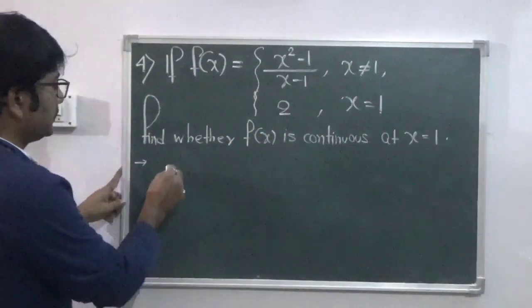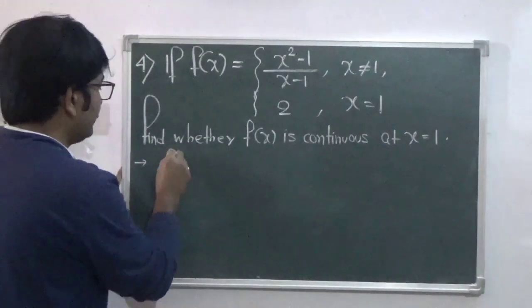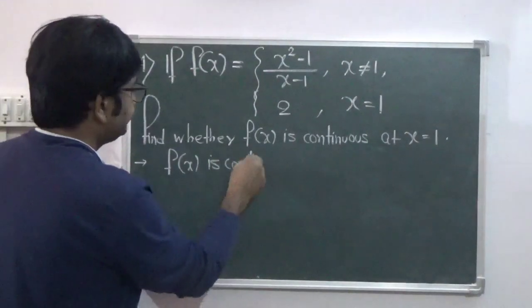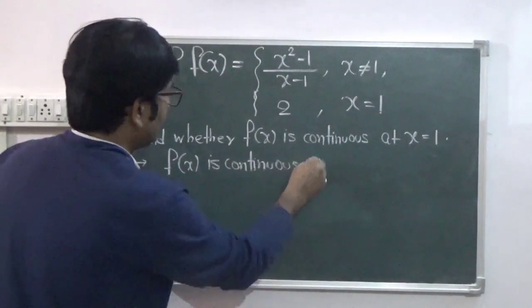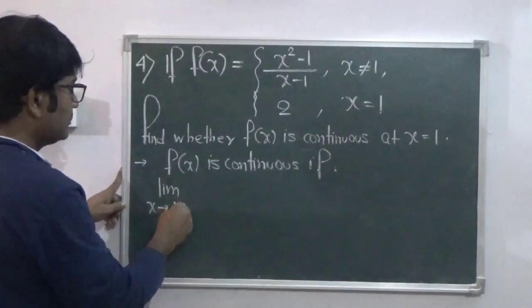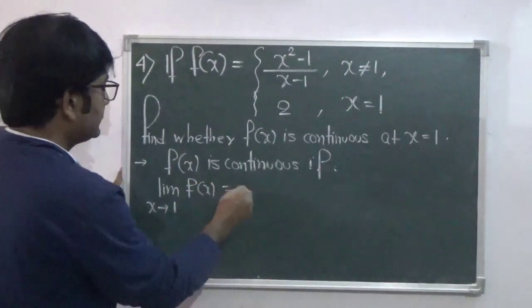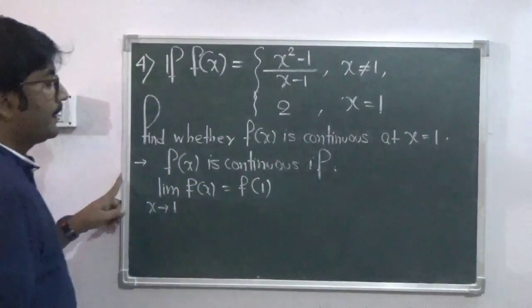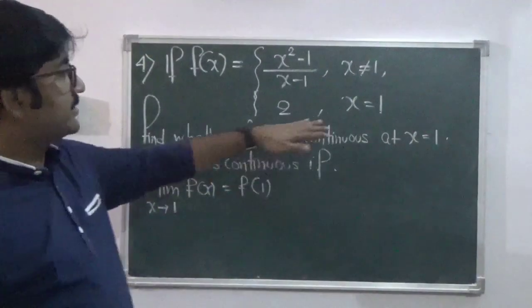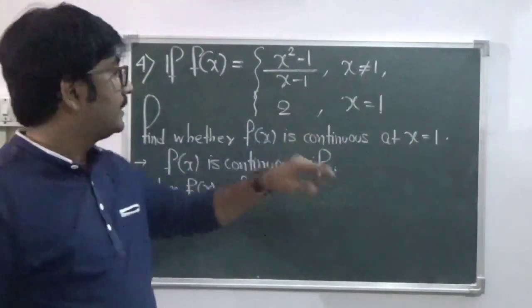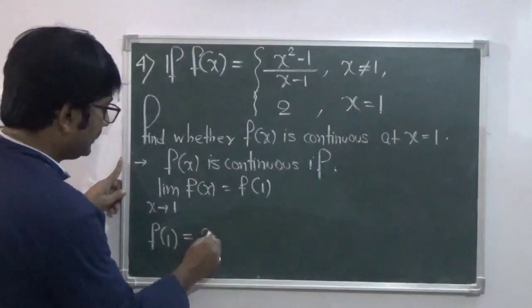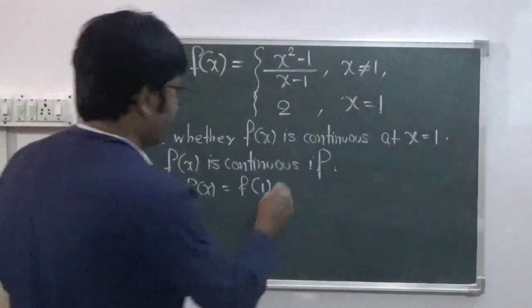To check, f(x) is continuous if limit x tends to 1 of f(x) equals f(1). So f(1) is 2, already given. Now you need to find the limit.